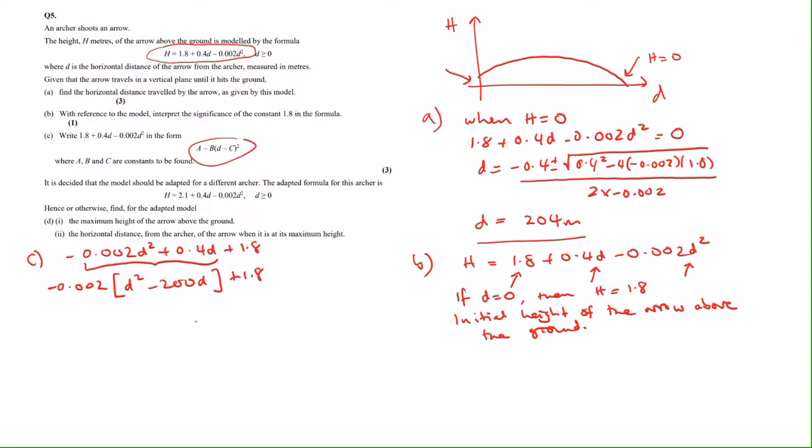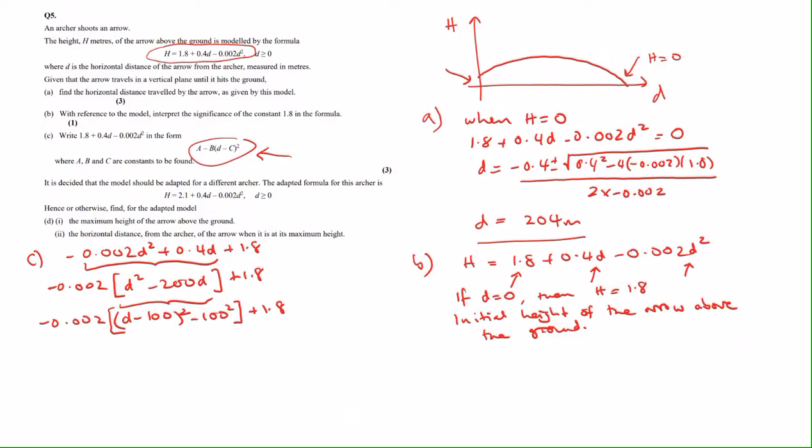And then I'm going to complete the square on the bit in the square brackets. So just this bit. And what I get then is d minus 100 all squared minus 100 squared to complete the square. So that's starting to look a bit like this form up here. All I've got to do is simplify all of this now.